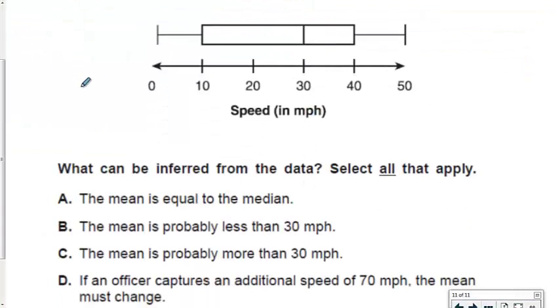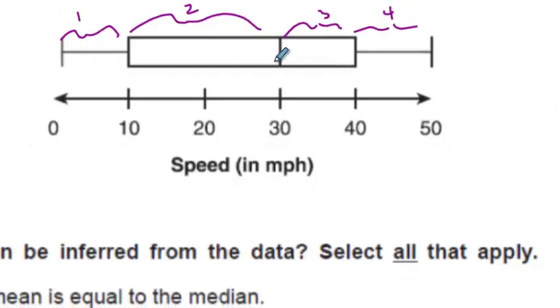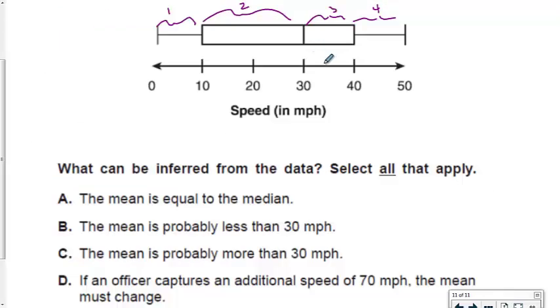Each of these little segments here, this is the first quartile, second, third, and the fourth. What you know about each of these is that they have the same number of data points in each quartile.